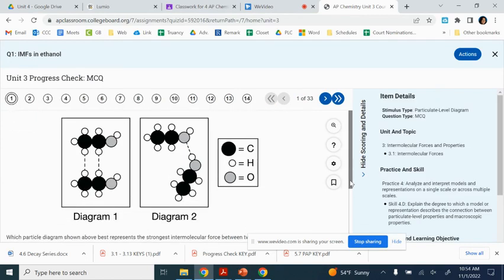Yeah. Okay. So we're looking at the attraction here between these. Now, this is a carbon and a hydrogen. So they're being attracted. Is there hydrogen bonding here?